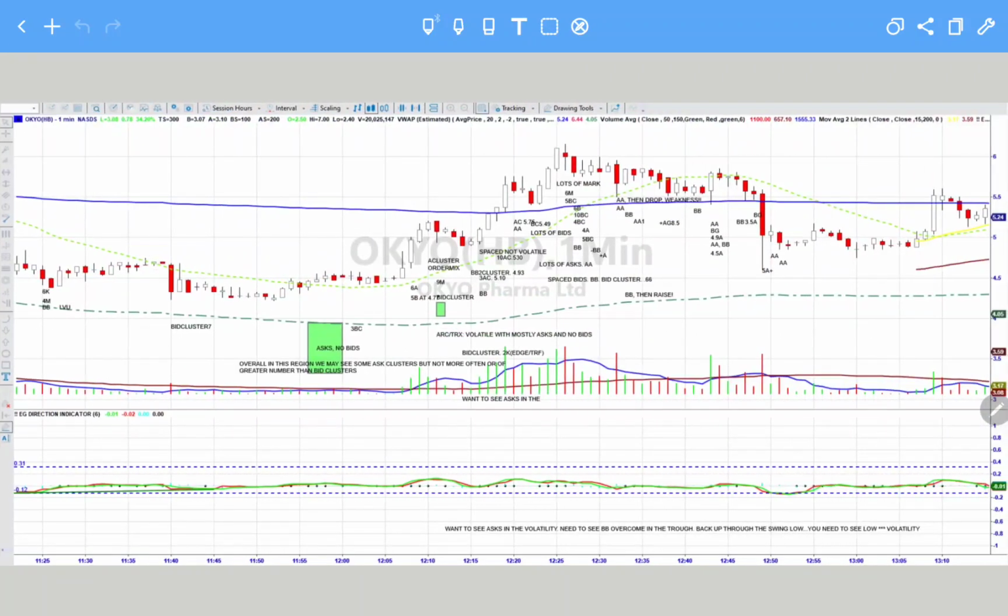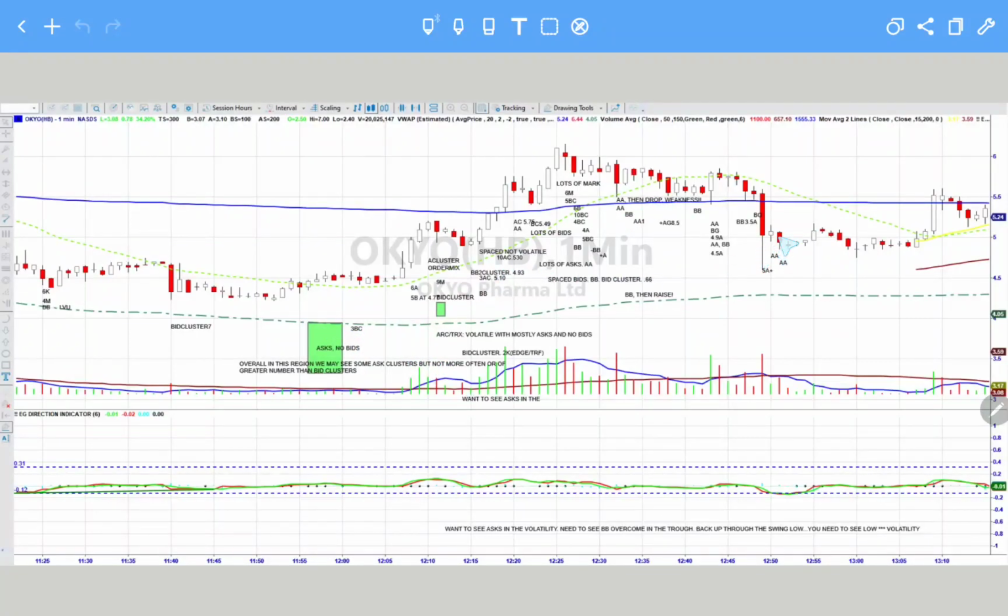See, all these notes I made on OKYO completely disappeared whenever I brought a new chart up, and that sucks. On Thinkorswim, it does not do that. I came over to TradeStation, but I think I'll probably be leaning back toward Thinkorswim.